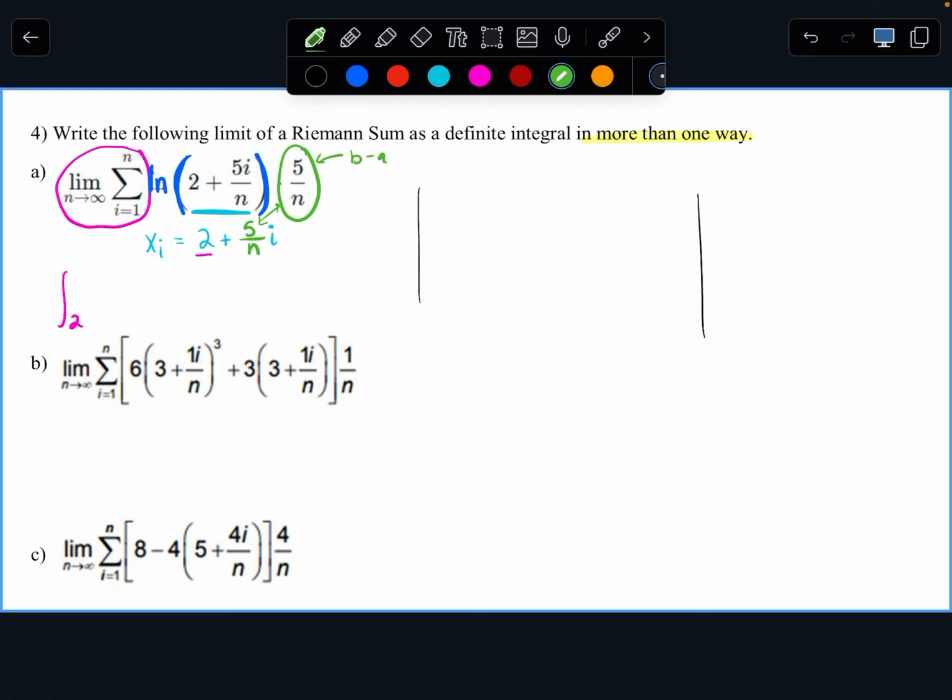If I start at 2 and the change between them is 5, this is going to go up to 7. Then for my function, it's going to be natural log of x, that whole chunk was x, and then dx is my width. And there you go.